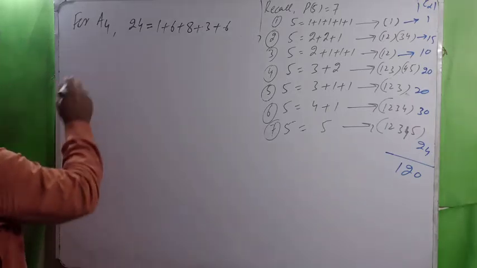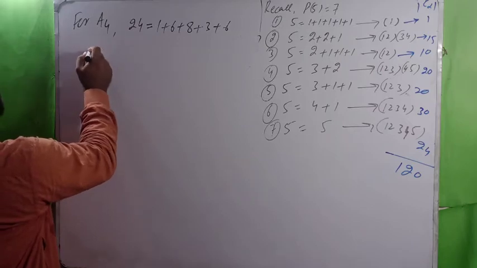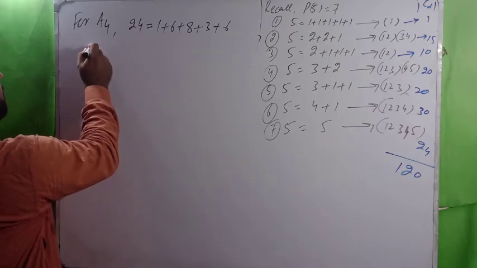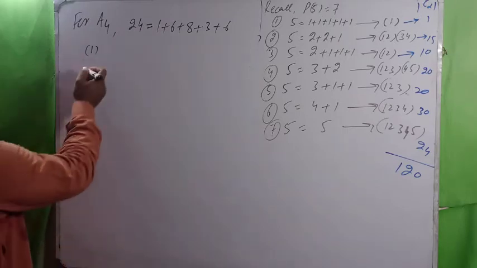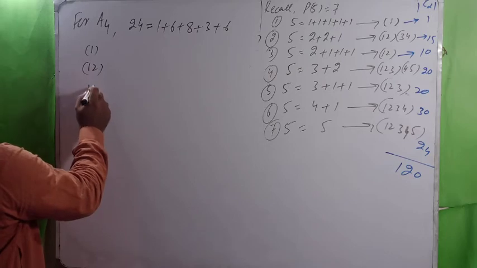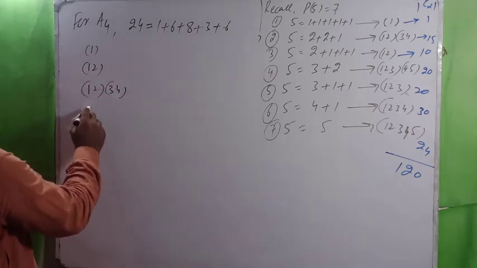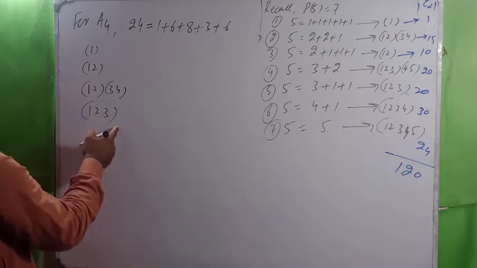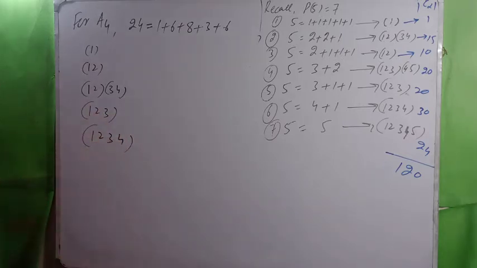So for S4, the identity permutation is one permutation. Then there was a permutation of 1 2 type, then a permutation of 1 2 and 3 4 type. Then there was a permutation of 1 2 3 type, and then 1 2 3 4 type. Okay.